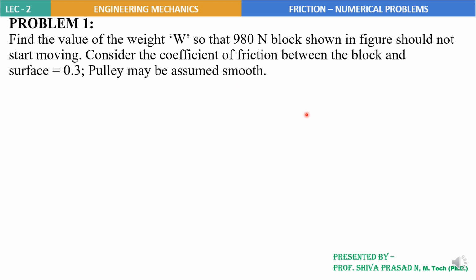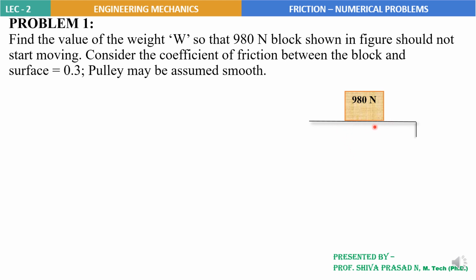So this is the given problem, and we have a sketch for it. There is a 980 Newton block resting on a horizontal rough surface.